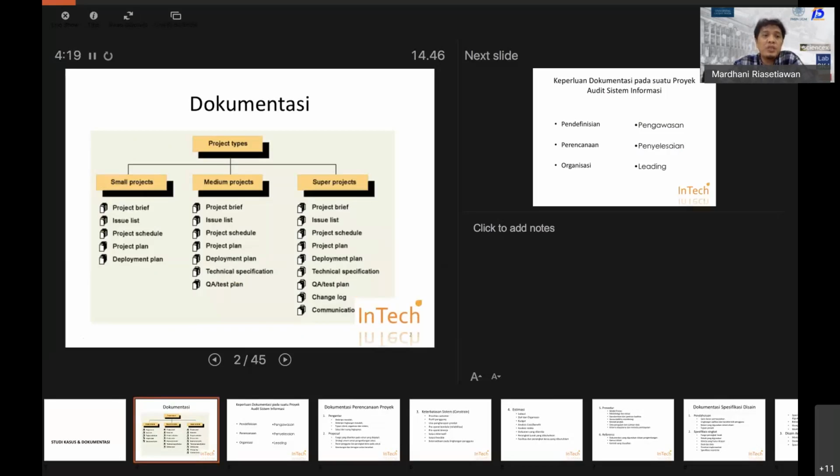But for your information, sometimes the documentation is not only just like these pictures, not only point by point. We need to see that the project can sometimes be for some specific purposes.